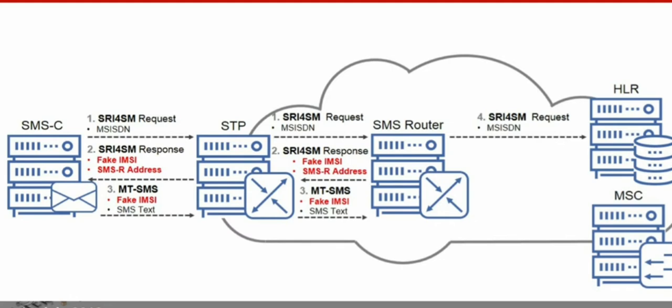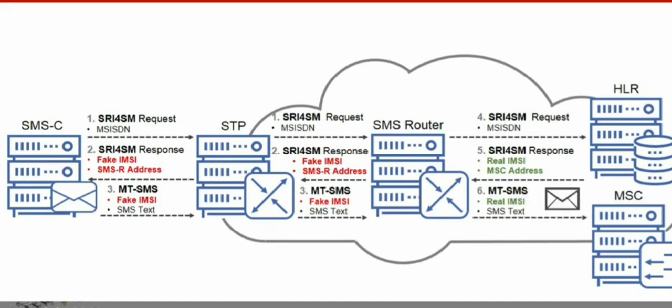It sends send routing info for SM again inside the home network to its own HLR. The HLR responds with real data, and the SMS router delivers the SMS to the correct MSC.